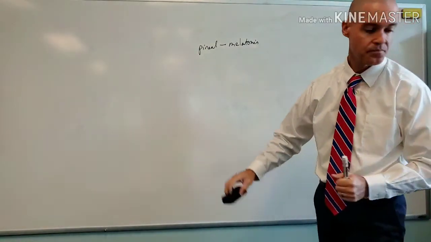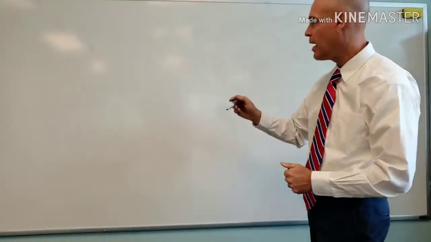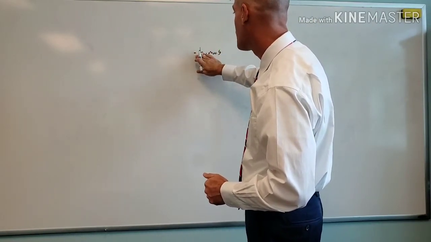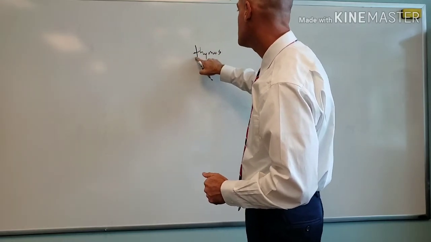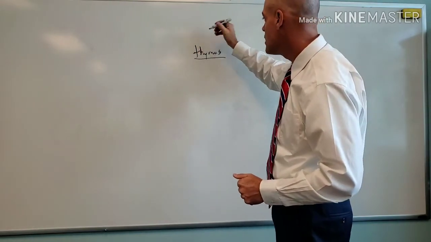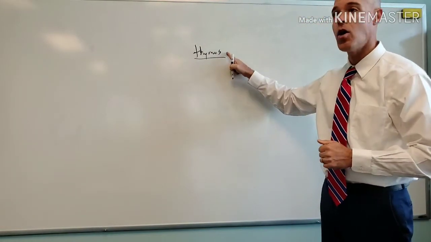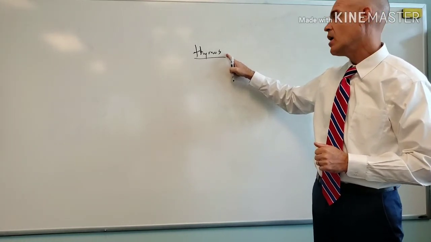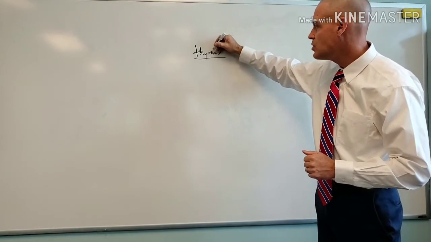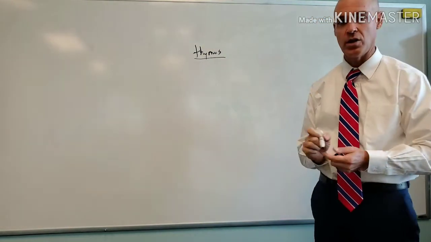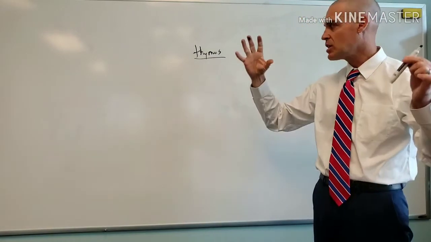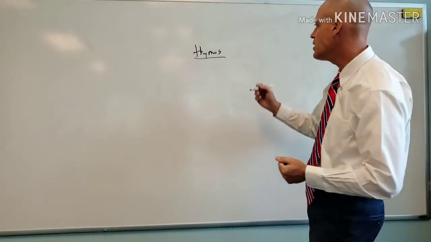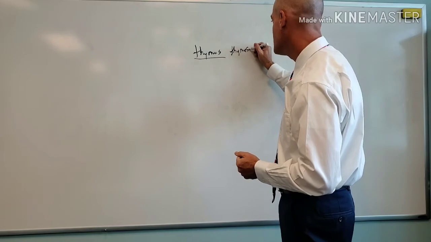Last but not least, we're going to talk about the thymus. Again, don't get that confused with the thyroid. This is thymus, which is hidden behind the sternum. It's quite large in an infant, literally larger than a heart in an infant, but then it begins to shrink as the child gets older. In an adult, it's quite small. One main hormone I'm going to give you here is thymosin.